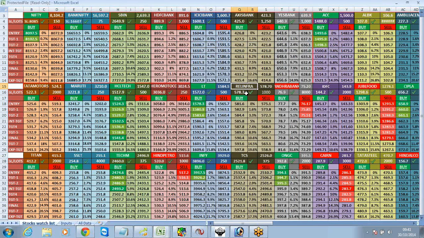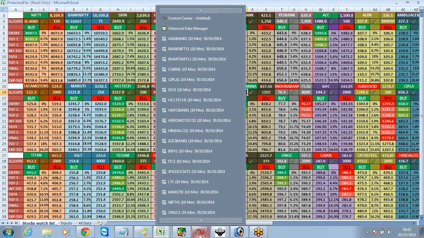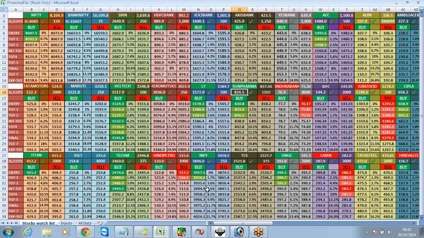In case of REL Infra, I'll just add Ranback C. You can see that we have that buy call, it's already done its final targets. Let me add Sun Pharma. So the call is still going for Sun Pharma. I'll just show you the charts.